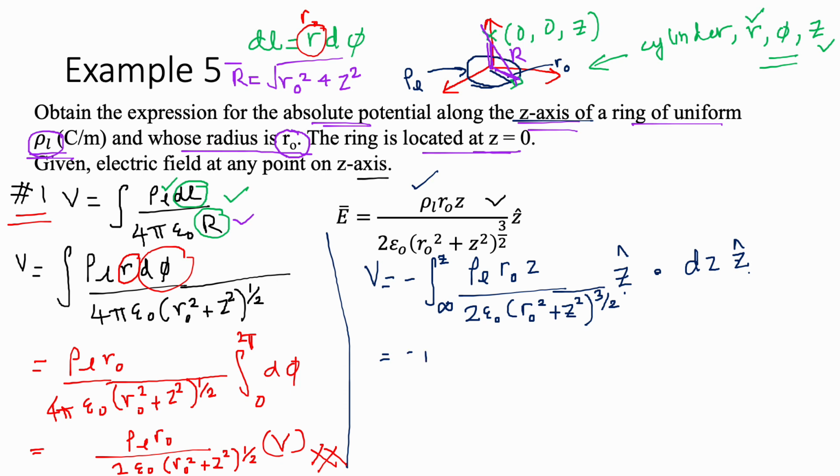It's going to be negative rho L r naught over 2 epsilon naught, with the limit of z from infinity to z, of z over r naught squared plus z squared to the 3 over 2 dz.